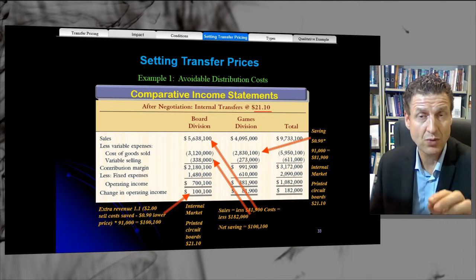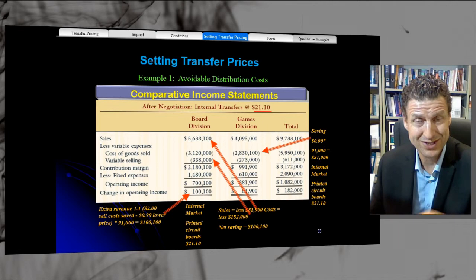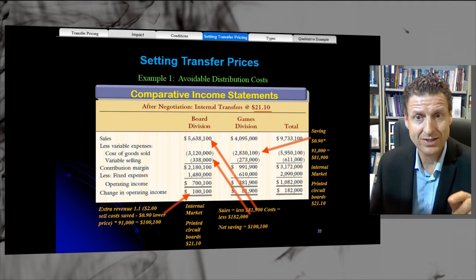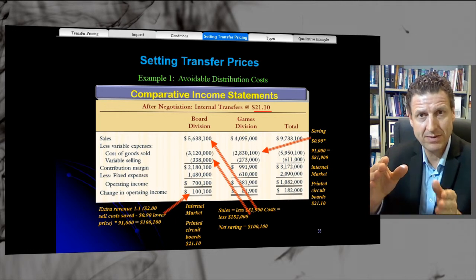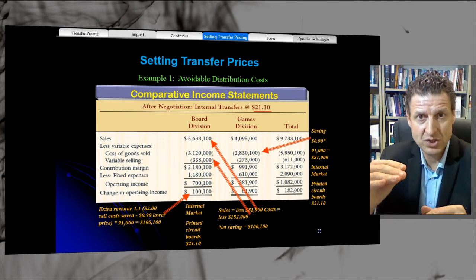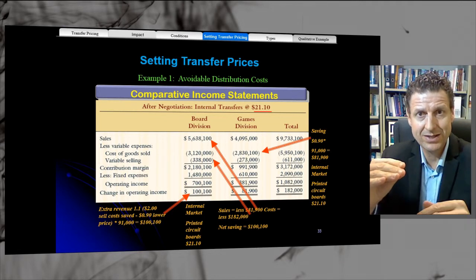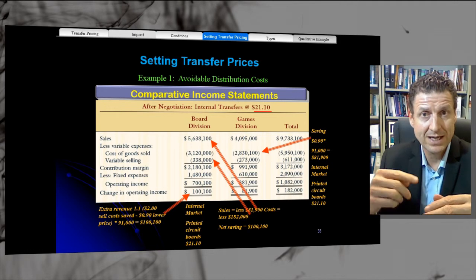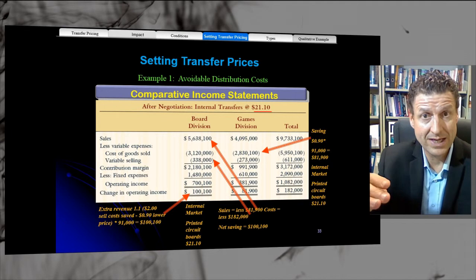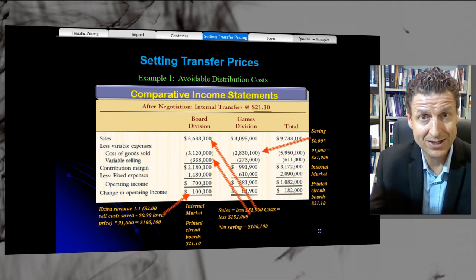Games division does not want to pay more than $22, but board division does not want to sell the unit for less than $20. So the range, the maximum transfer price is $22. The minimum is $20. $20 is the variable cost plus the lost contribution margin, right? You got that? The maximum is the external market purchase price that games division would have to pay, which is $22.